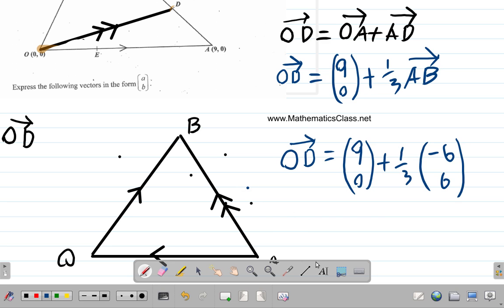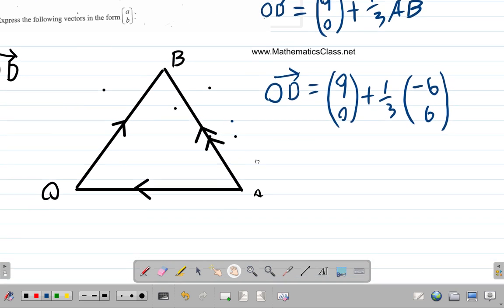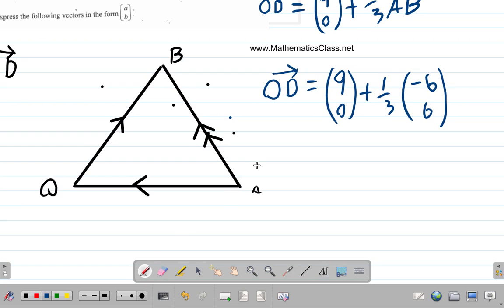Now, the next part of the question where we want to reach is OD equals 90 plus, we must multiply -6 by 1/3.